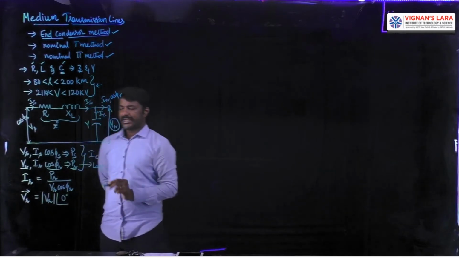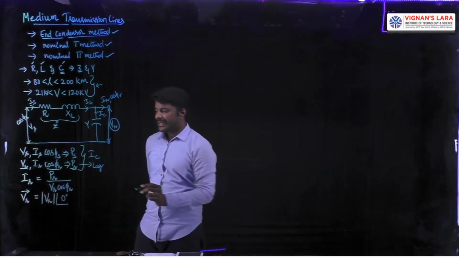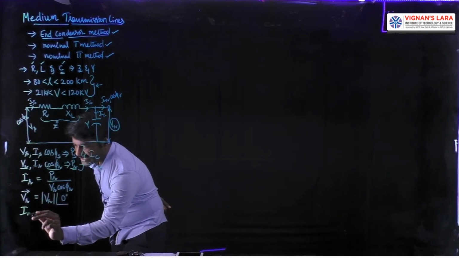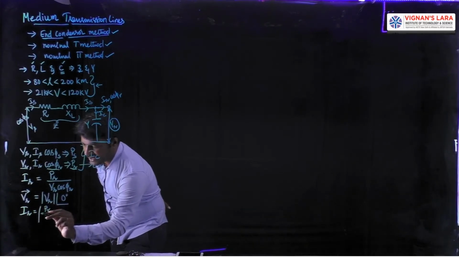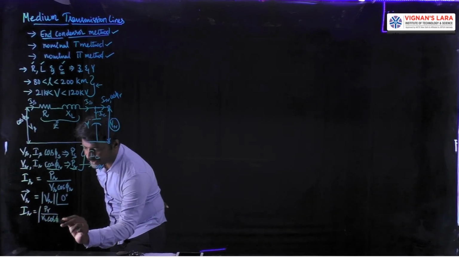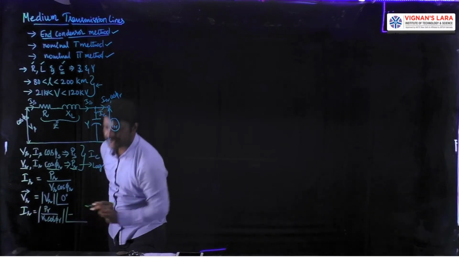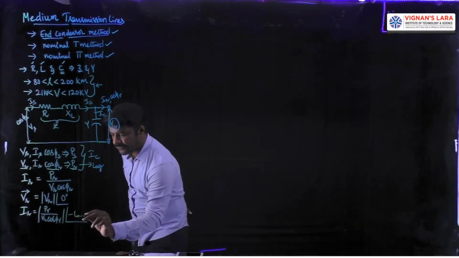With reference to this VR, the current IR is now estimated as IR is equal to the magnitude PR by VR cos phi r, which is a lagging quantity, so represented with a minus sign in this angle by an angle of phi r.